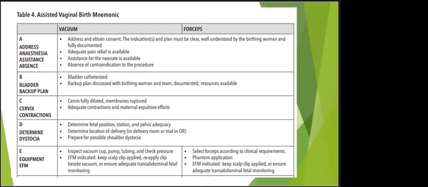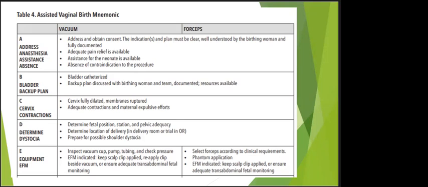What contraindication? Cephalopelvic disproportion, active genital lesions, and as mentioned earlier, fetal macrosomia, among others. B, the bladder should be empty, or you should have a backup plan. If this does not work, then you have to do cesarean section.